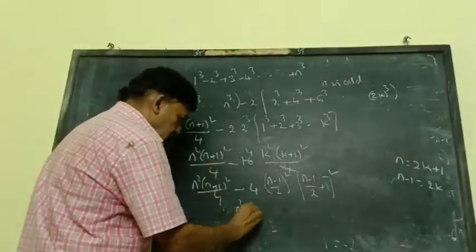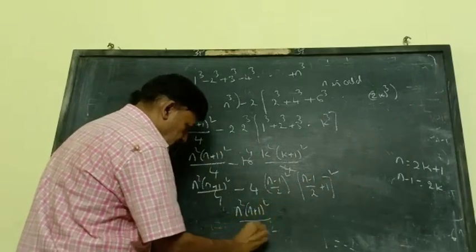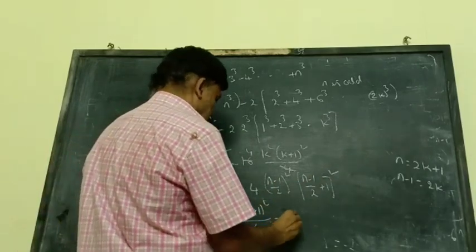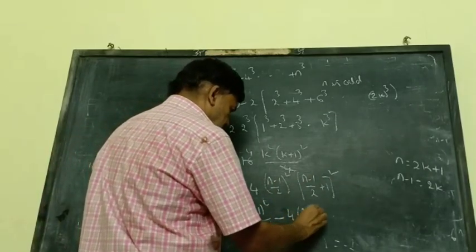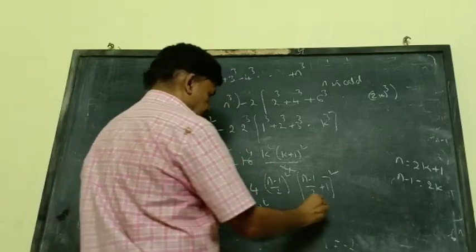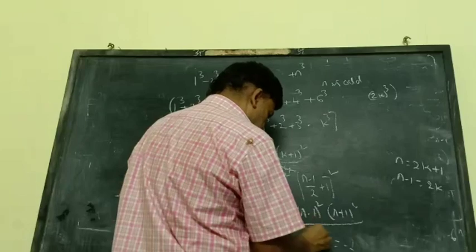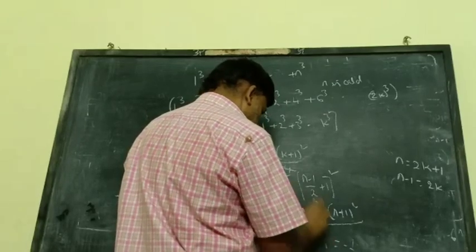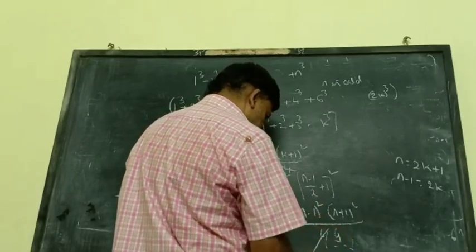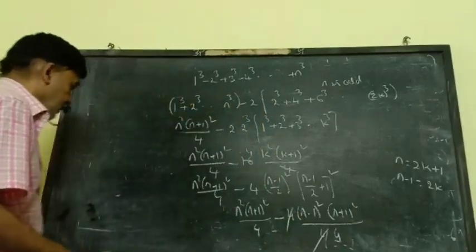So n square into n plus 1 whole square by 4, minus 4 into n minus 1 whole square into n plus 1 whole square by 4. So 4 into 4 by 4 will cancel.